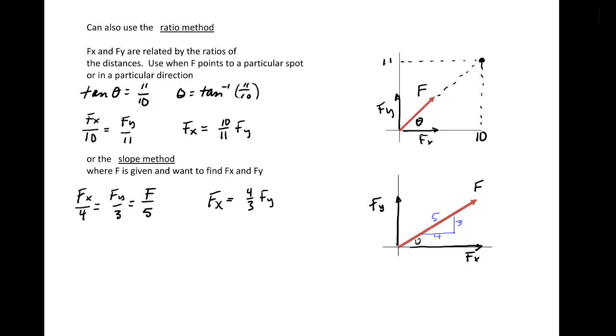So I'm just going to say that the angle theta is equal to the inverse tan of the side opposite over side adjacent, which is equal to the inverse sine of the side opposite over the hypotenuse, which is equal to the inverse cosine of the side adjacent over the hypotenuse. So all of those pieces can be put together to find out different components and different relationships that we might need.